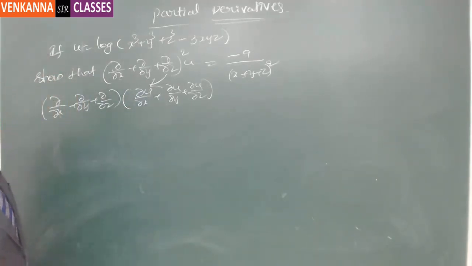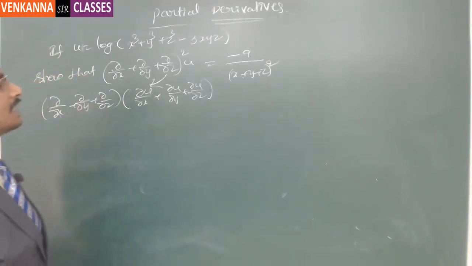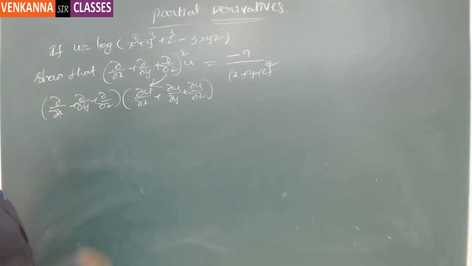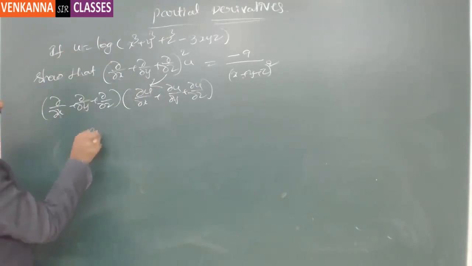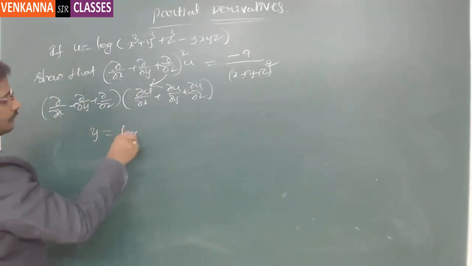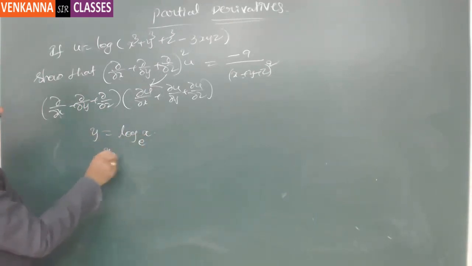See this here. This is the function u is equal to log of x cube plus y cube plus z cube minus 3xyz. Now to make it simpler, I'll take this log to the other side. Suppose y is equal to log x base e, then e power y is equal to x.